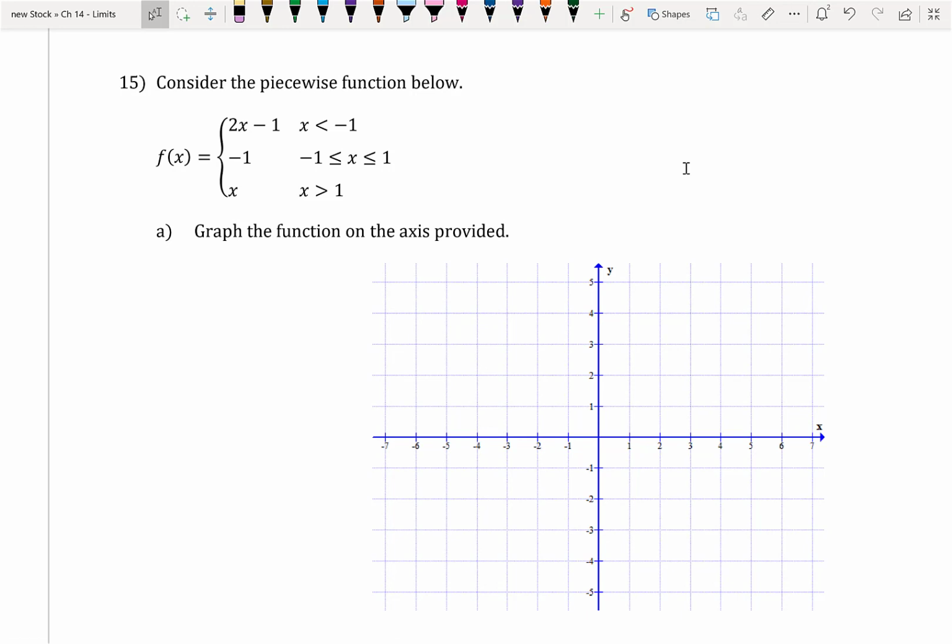I just plug negative 1 in and get negative 3. Open circle. Slope of 2 is just going to put me right down there. It's not looking very straight, so we'll do that. That looks better. Then negative 1 from negative 1 to 1.